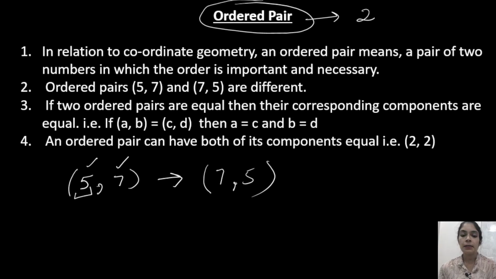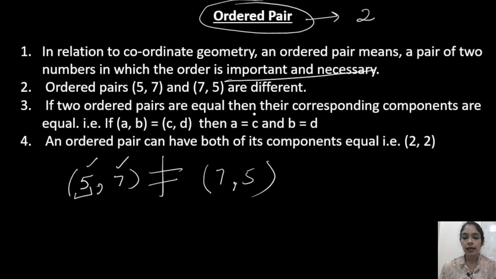If we change the order, 5, 7 written as 7, 5, then both are not equal to each other. They are unequal. So when we say ordered pair, order is important.